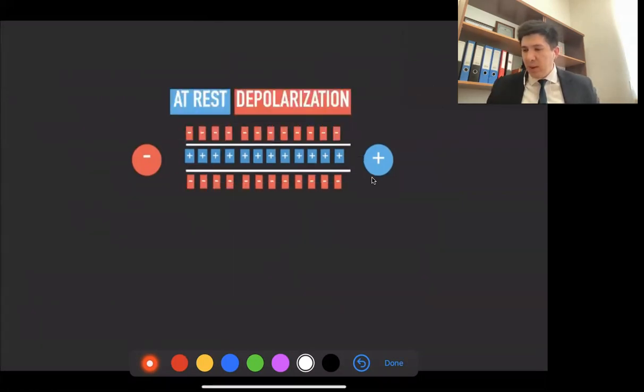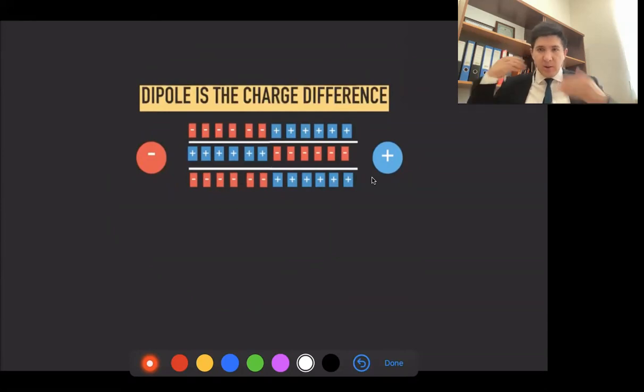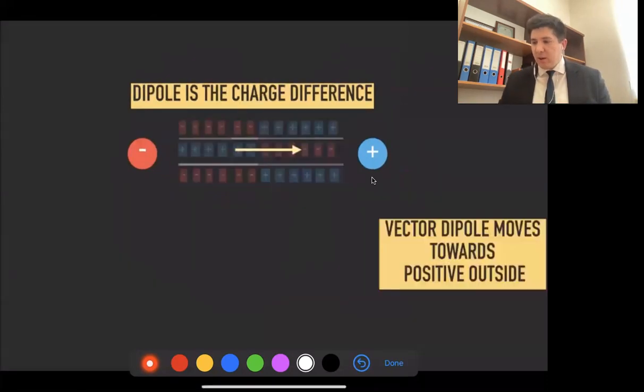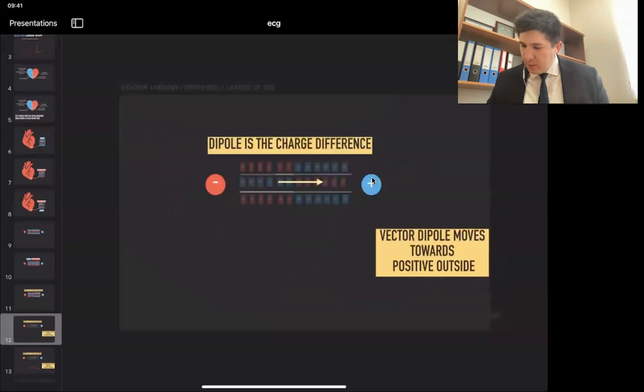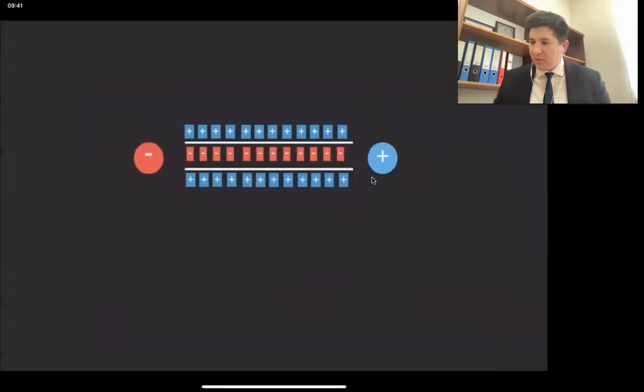A dipole is a vector which measures the charge difference inside the heart, or through the sequence of the myocardiocytes. If you remember, we've got this state at rest when everything is positive outside and negative inside.